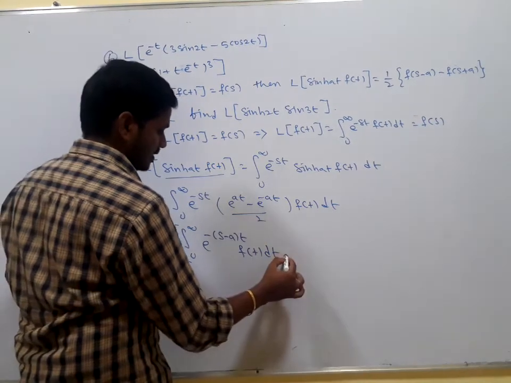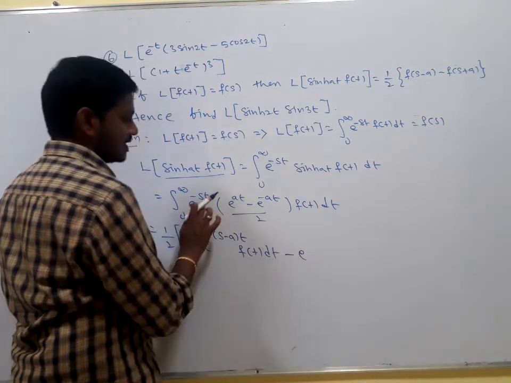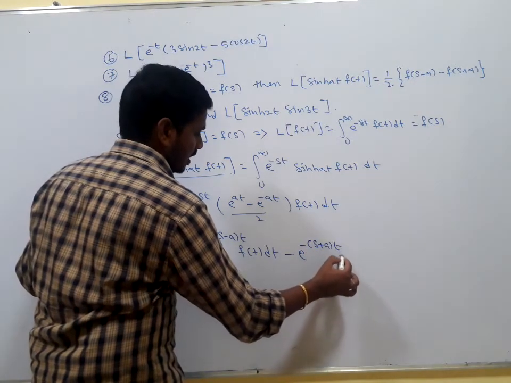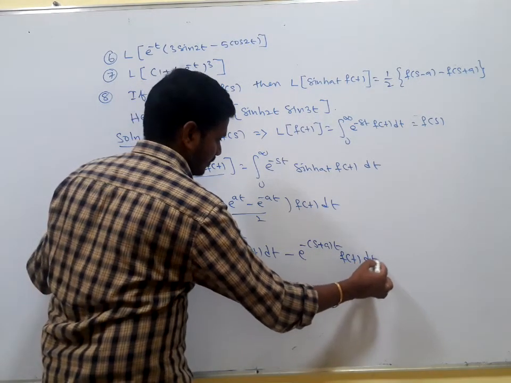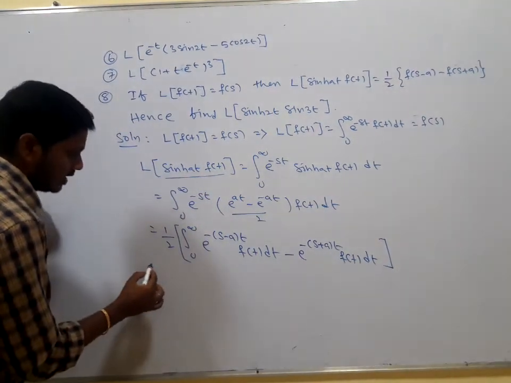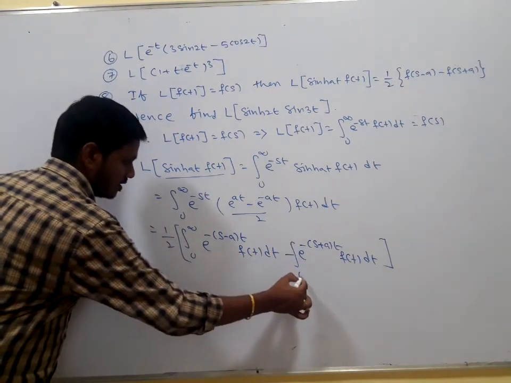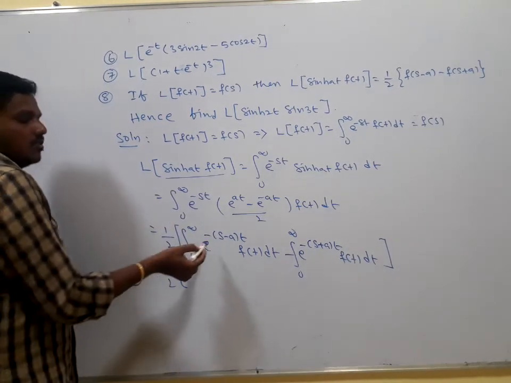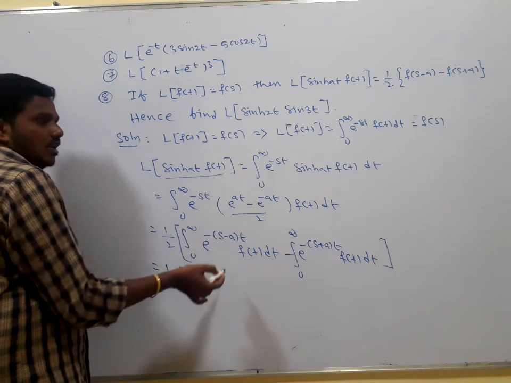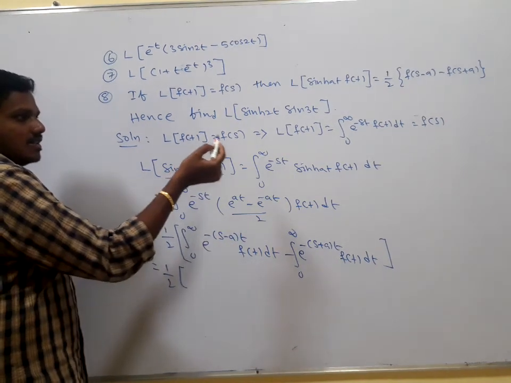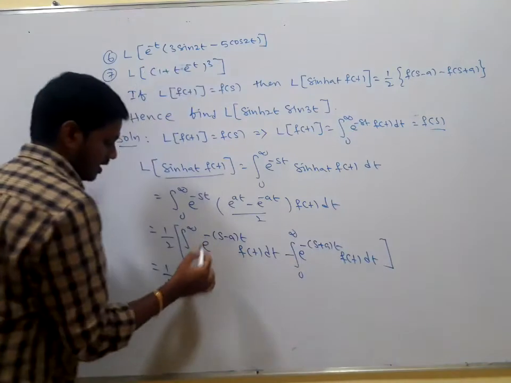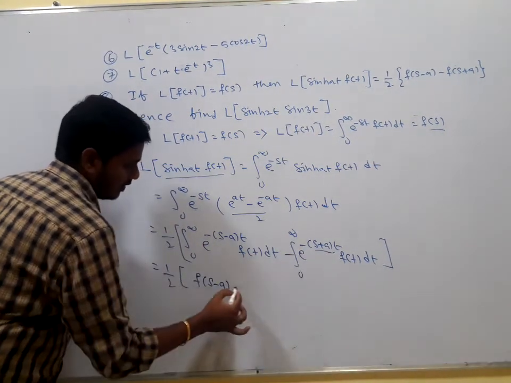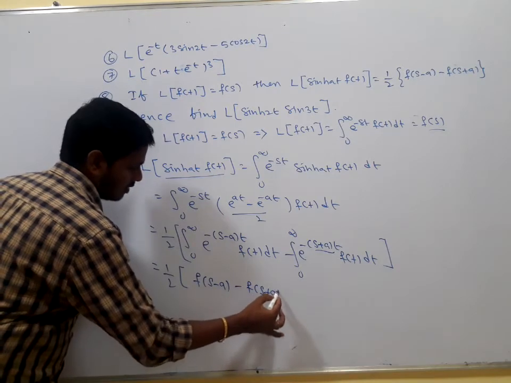Next, minus e to the power of minus st minus at, if you take common, that is s plus a into t f of t dt. Here integration, here also integration 0 to infinity, separating the integration, 1 by 2 into, this is nothing but e to the power of some constant into t f of t dt, that is Laplace transform of e to the power of minus st f of t, which is f of s. Here it is f of s minus a, here it is f of s plus a.